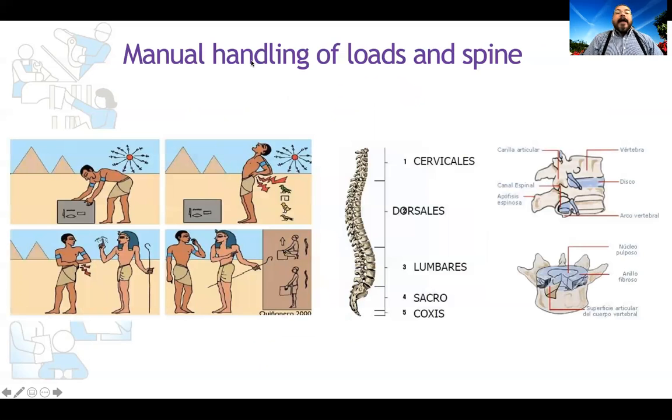When we are handling loads, we must always mind our spine. So you don't want to compress your spine when lifting some kind of load. And there are some ways to do the lifting. You should bend with your knees bent, and then use your back to lift the load.